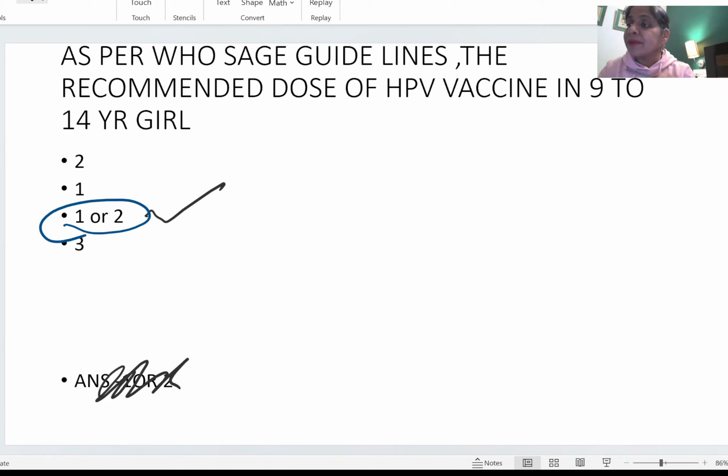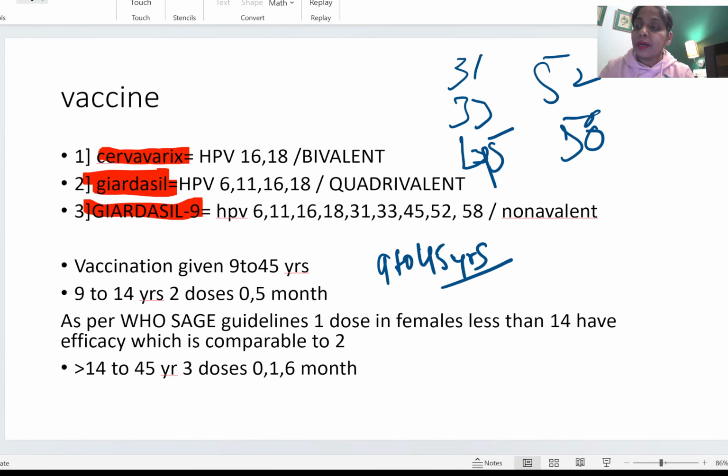It is better if one takes 2 doses, but even if the girls forget to take the second dose, the immunity of girls who have taken 1 dose and who have taken 2 doses is comparable. So the answer is 1 or 2. These are the recent WHO SAGE guidelines.